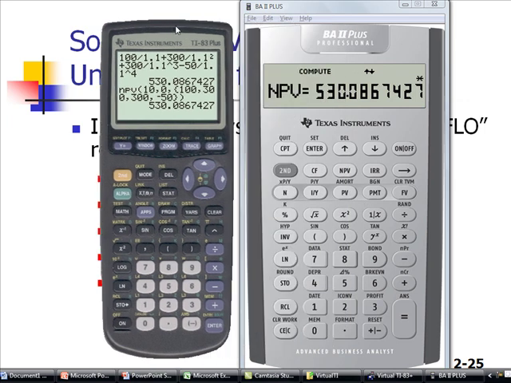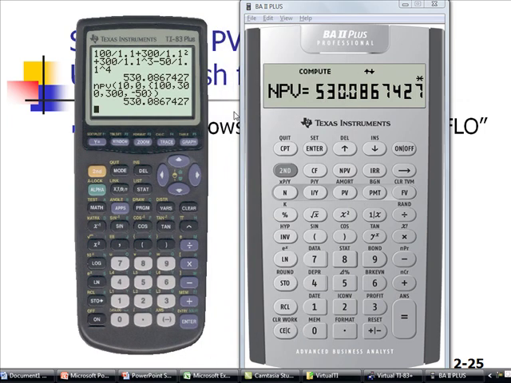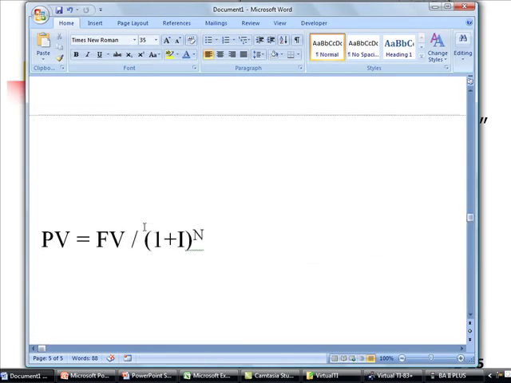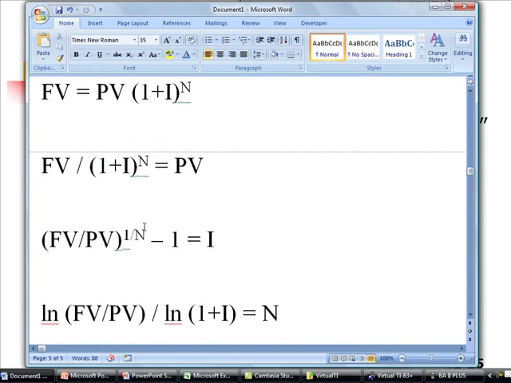Okay? Now here's a question that is not addressed on the slide but is still important. How do you find future value? Well, remember our future value formula? Let's go back to it. The future value equals the present value times 1 plus I to the n power.